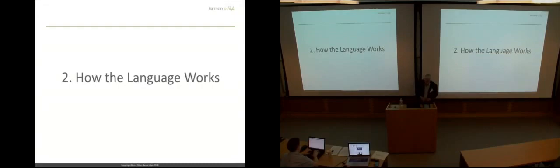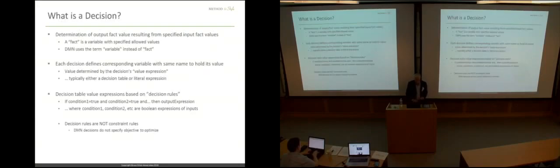Okay. So with that as background, let's talk about how the language works. First, what's a decision? As we said, it's a determination of an output or conclusion fact value for a given set of condition fact values.